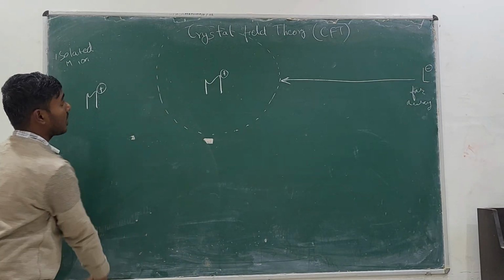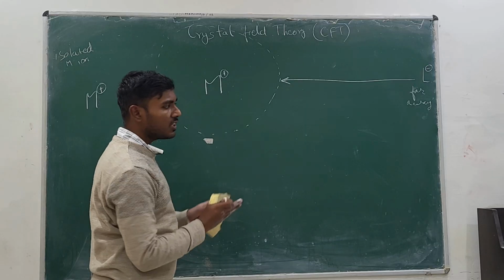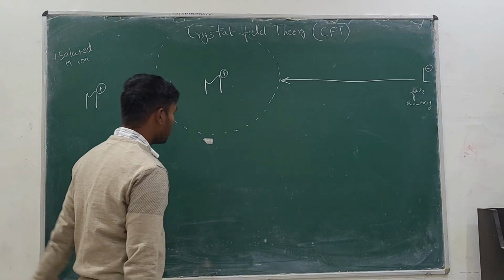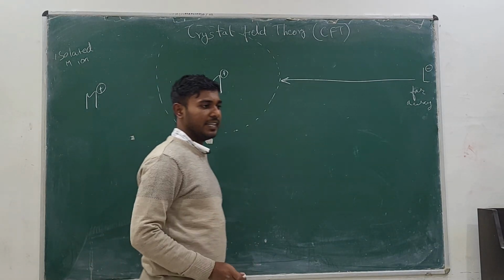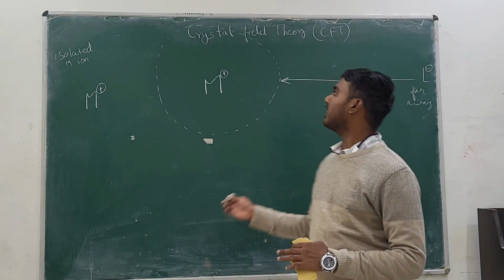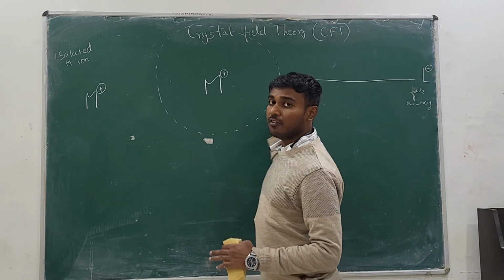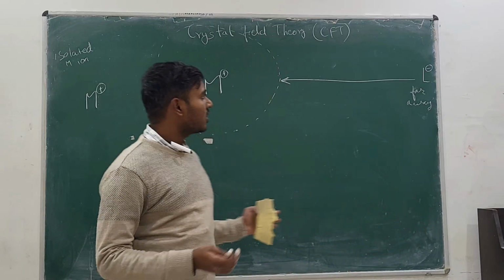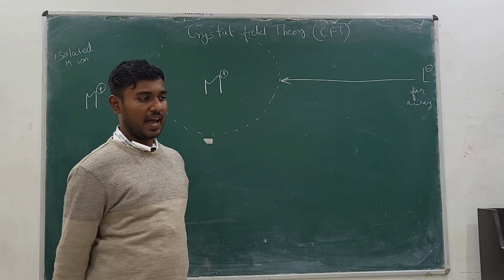So in this case, the energy of the d orbital increases, but does not split as of now. The splitting of d orbital occurs when our ligands come very close to the metal ion.